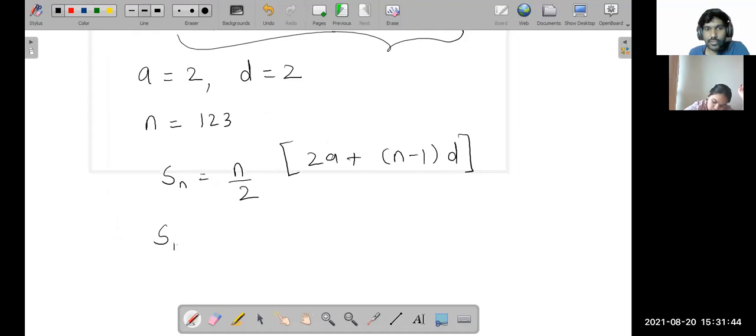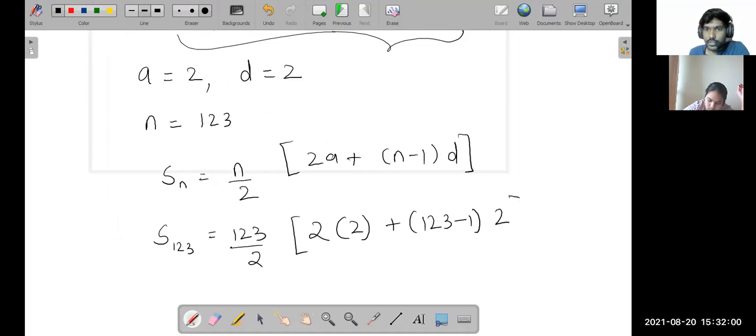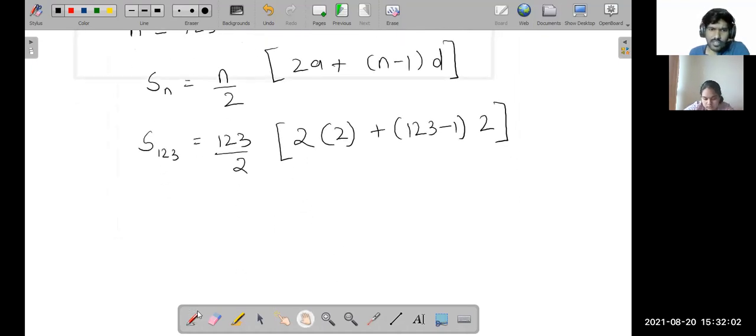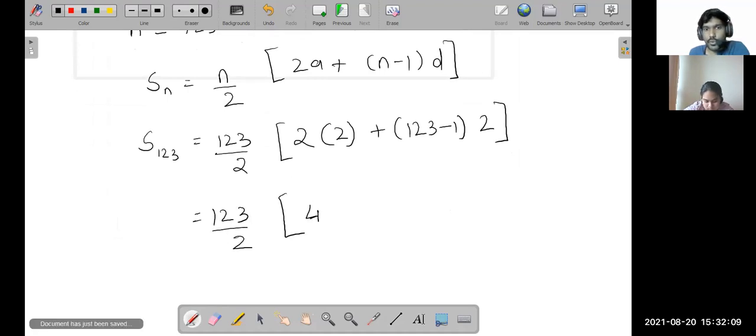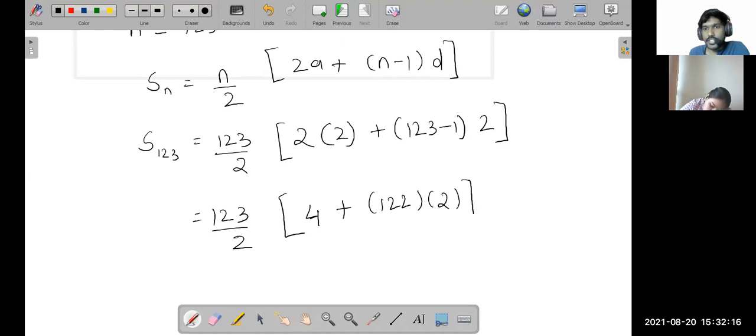So this will be S of 123 equal to 123 upon 2 into (2 into A, that is 2, plus (n minus 1), so 123 minus 1, into D, that is 2). Now you just have to simplify. So this becomes 123 upon 2, keep it as it is, 2 into 2 is 4, plus 123 minus 1 is 122 multiplied by 2.